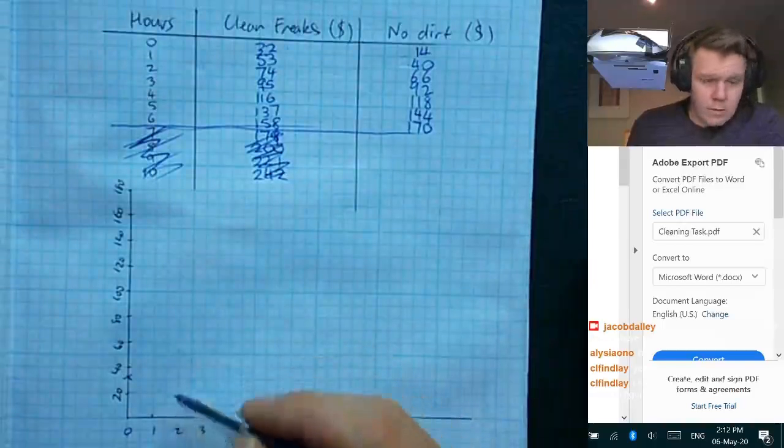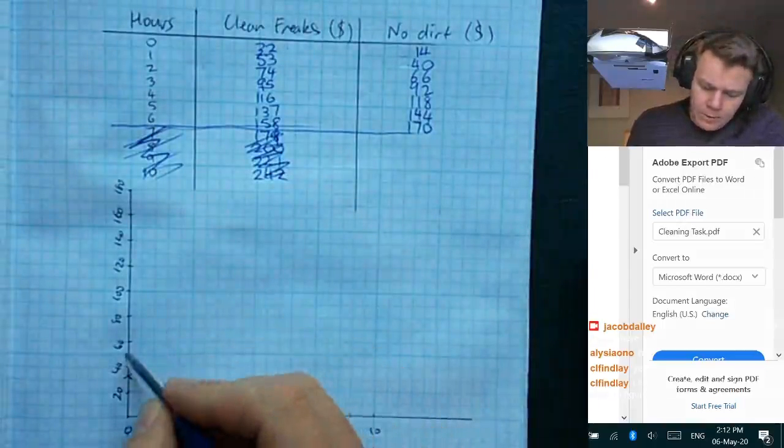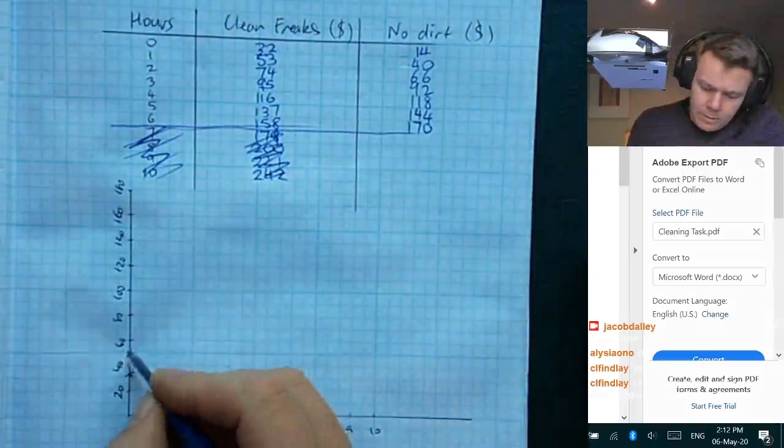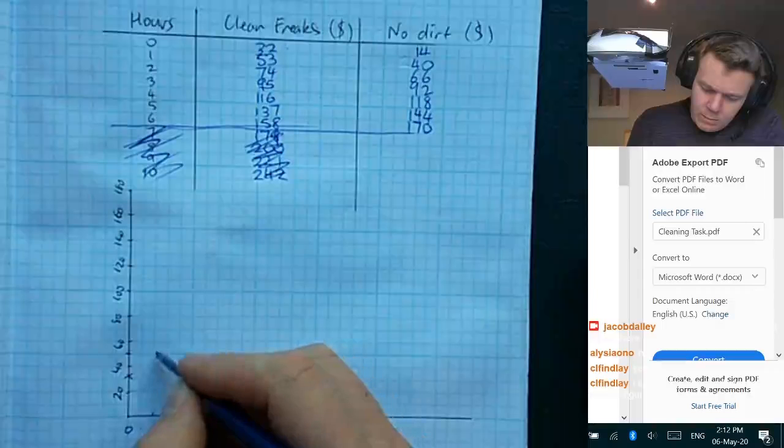Next, for 1 we got 53, so between 50 and 60, about there.